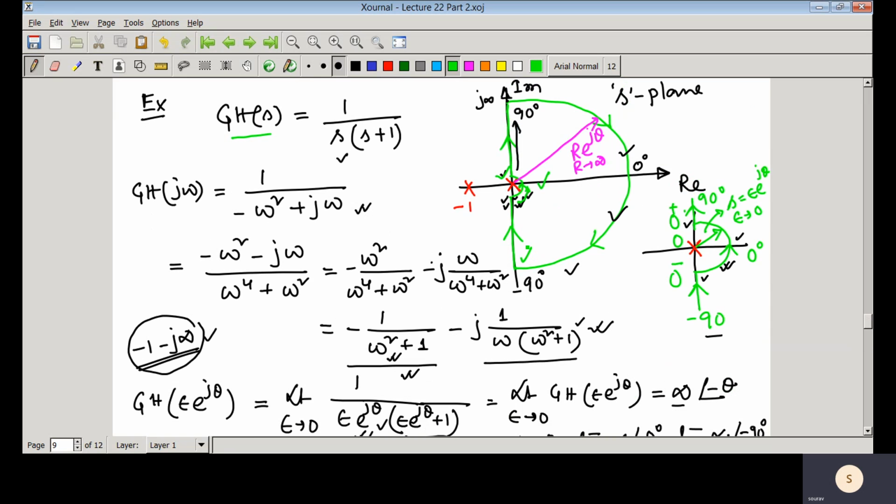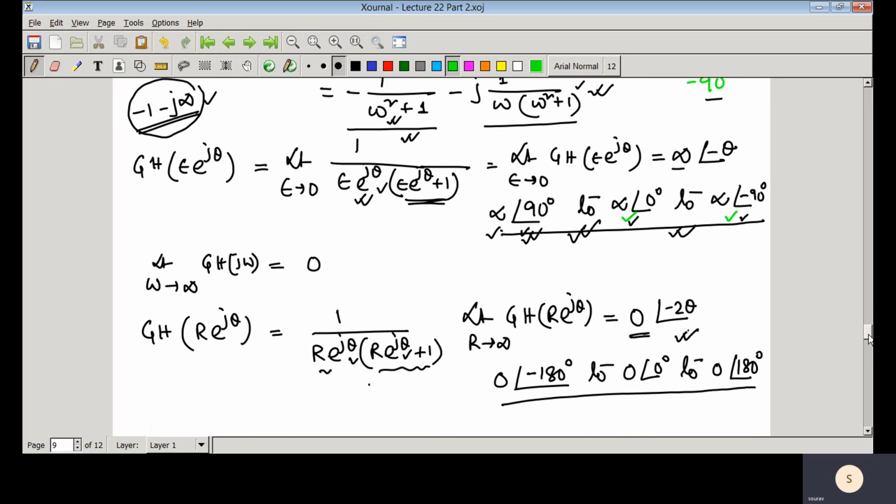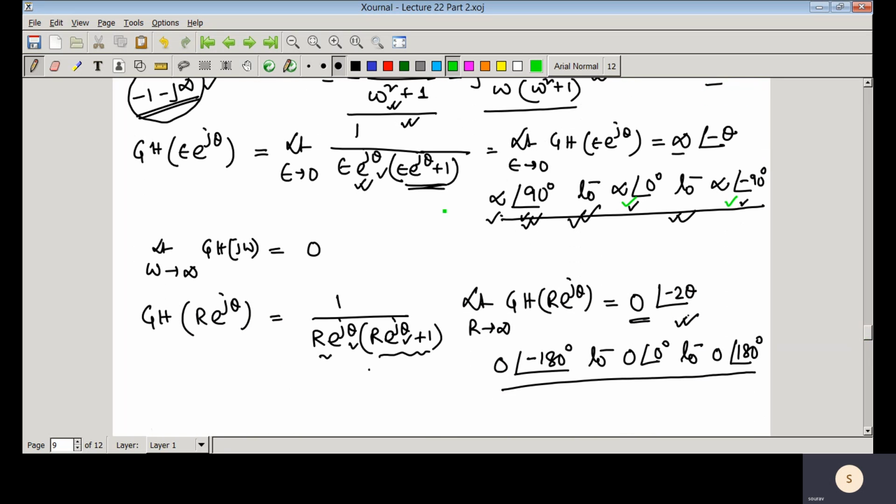If you just move along this particular direction, that is minus infinity to 0 minus. Then you can see what happens in case of infinity. So when r tends to infinity, it is 0, and it is 0 minus 180 degree to 0 angle 0 to 0 angle 180 degree.